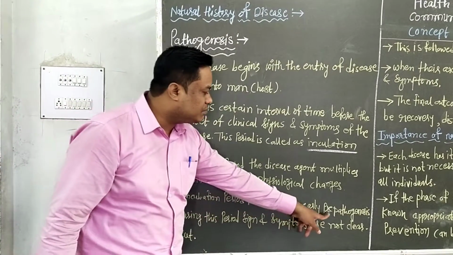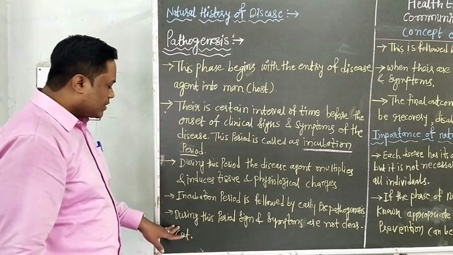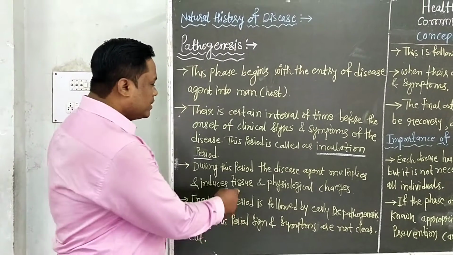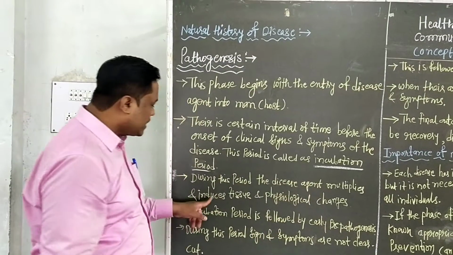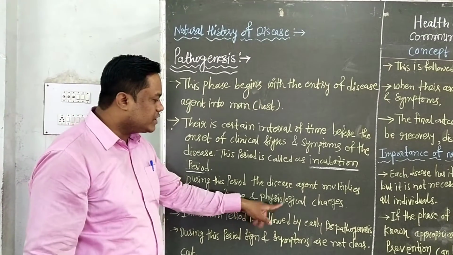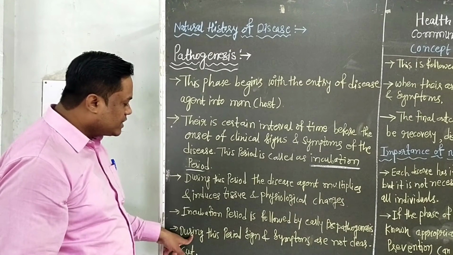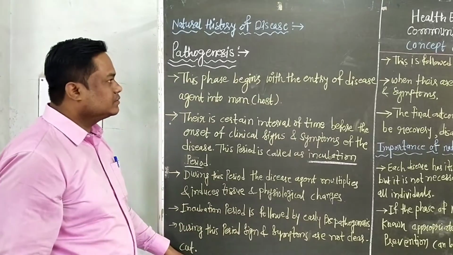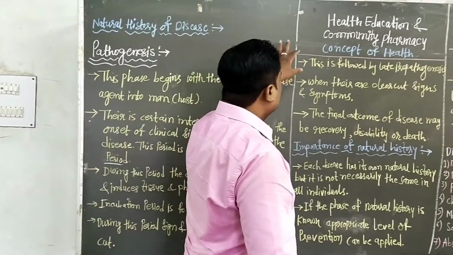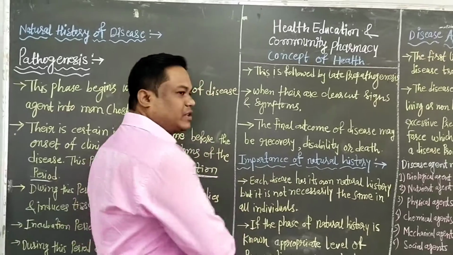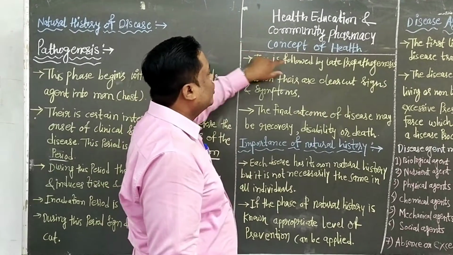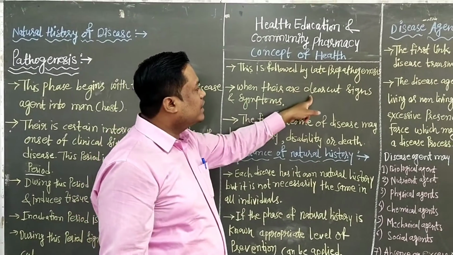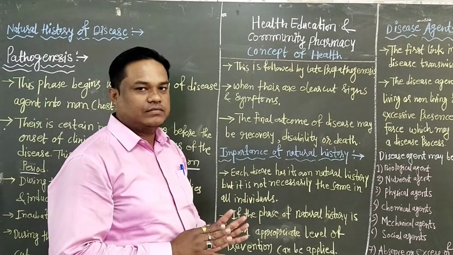So during the incubation period the disease agent multiplies and induces tissue and physiological changes, and the signs and symptoms are not clear. Then this is followed by late pre-pathogenesis, when clear-cut signs and symptoms are seen.